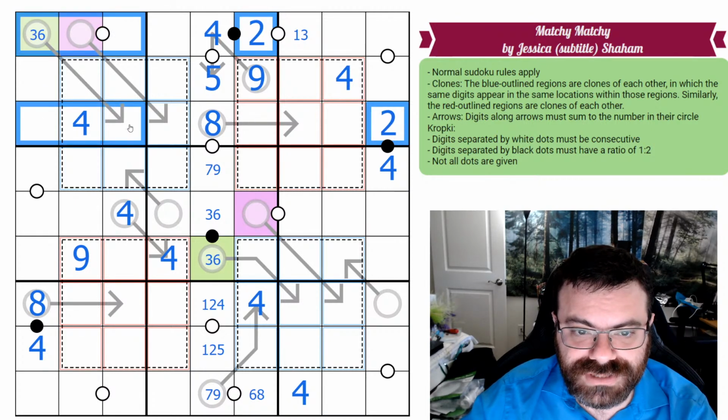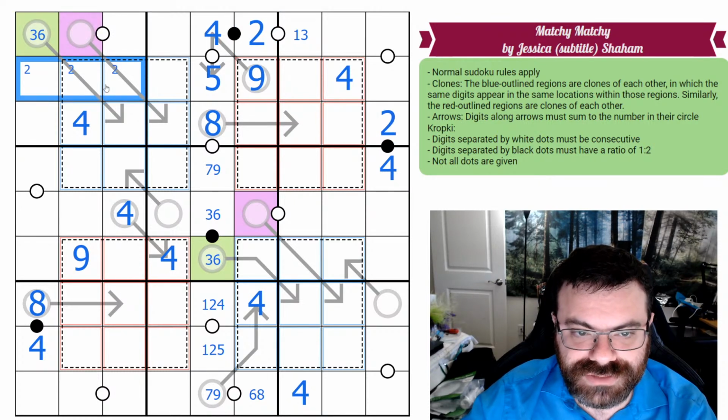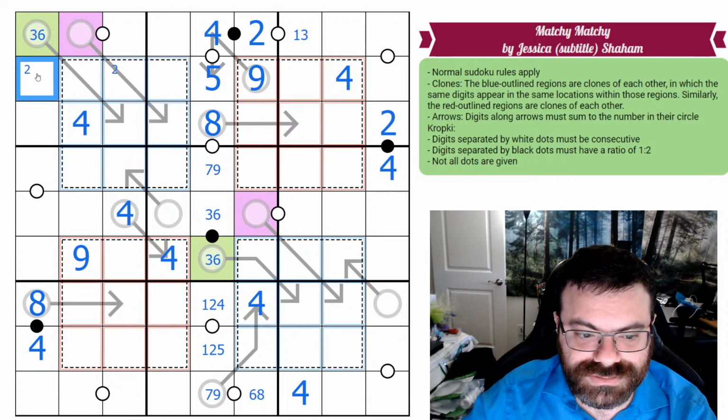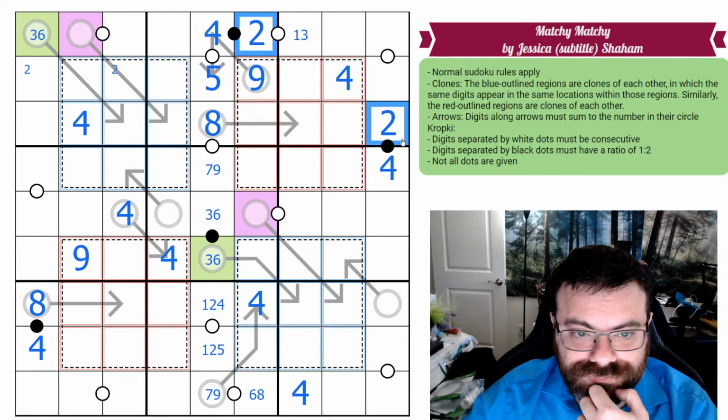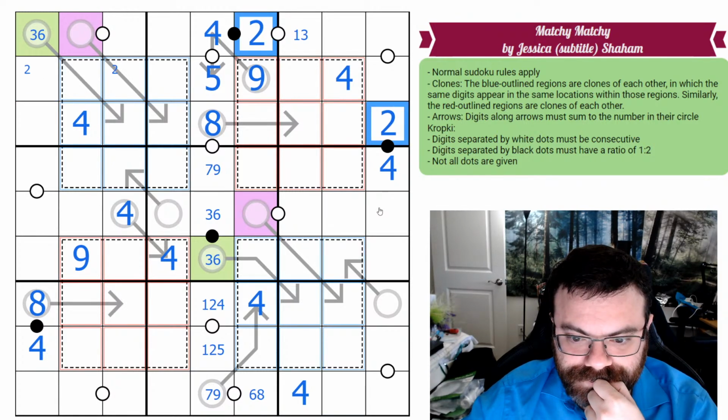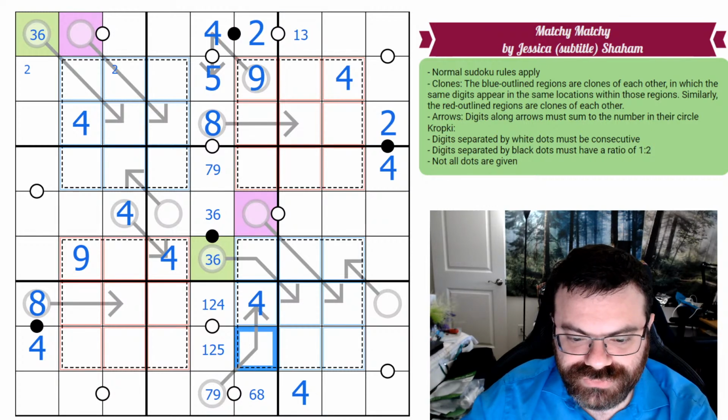So 2 in this box is in, let's start by saying it's in one of these 3, but these are cloned here. This one can't be 2, because that sees there. Can this be 2? I think it could be. This is now 4, so this is 3 or 5.